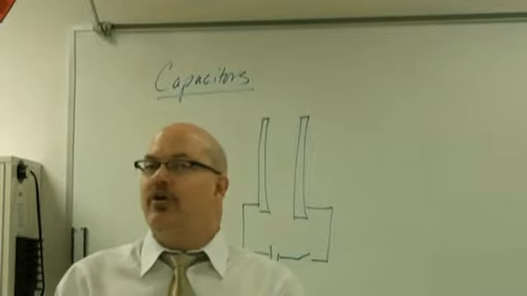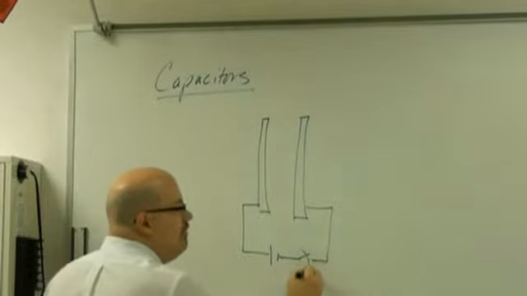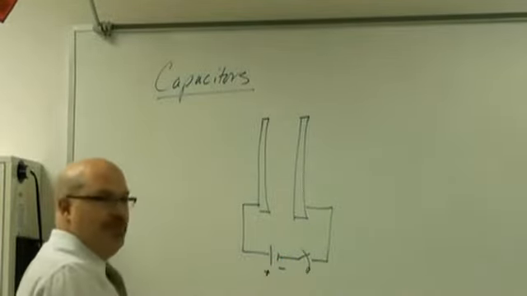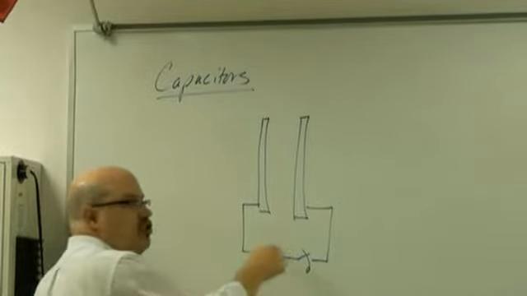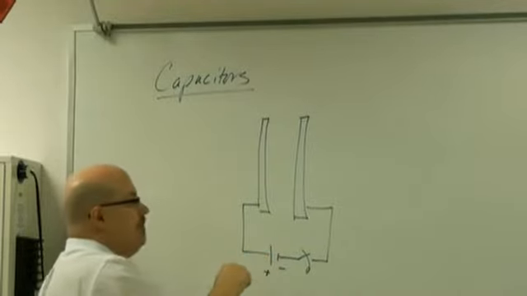Now, it doesn't stop all the current instantaneously, because what happens when you throw this switch, remember this is negative and this is positive. So charge begins to flow because of the difference in potential.